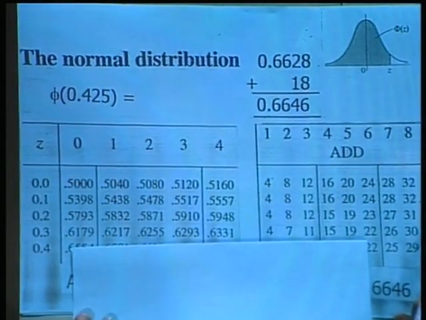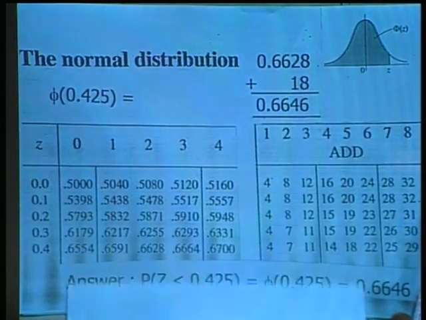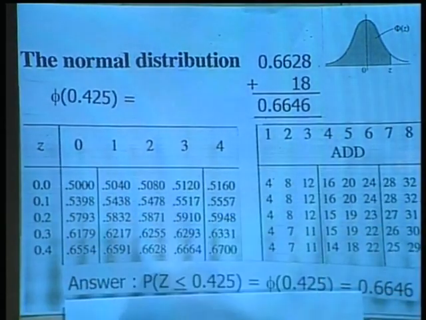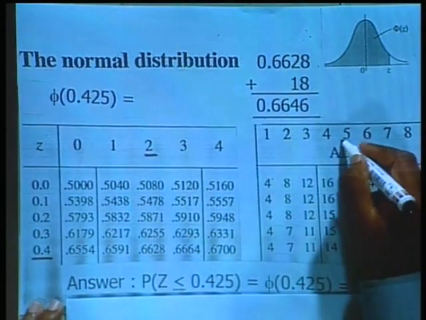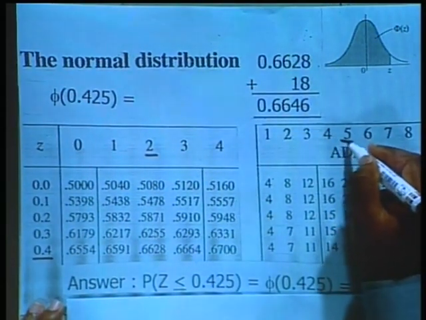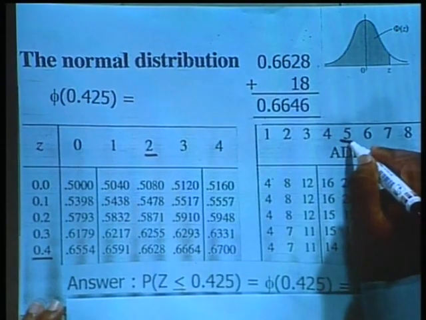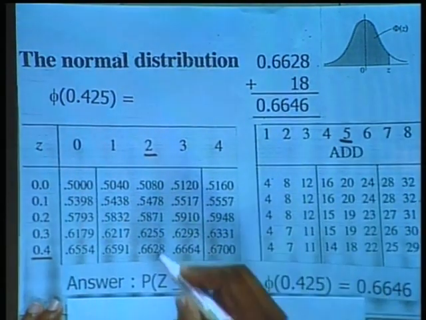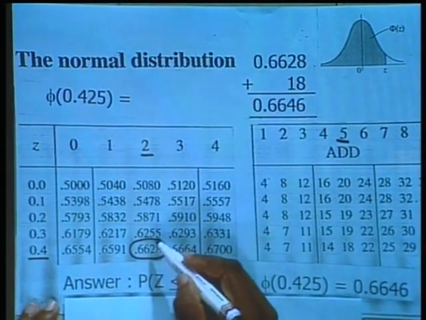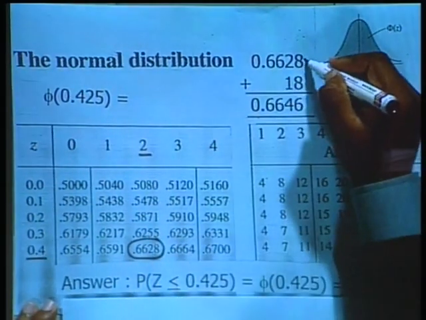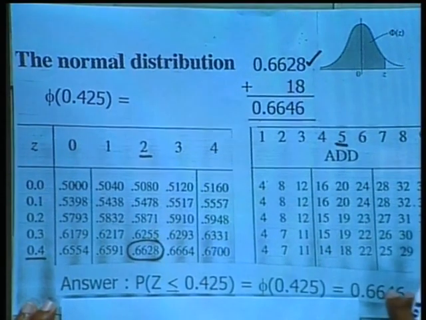So we need to locate, first of all, the value of z: 0.4, 2, and then 5, the third decimal place. The value here is 0.6628, which we write here.